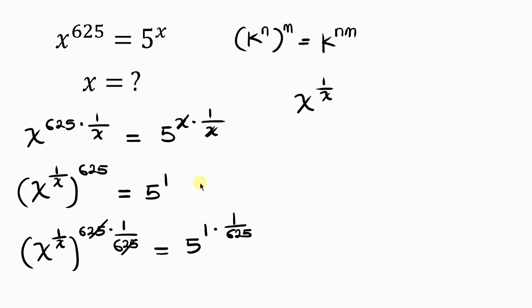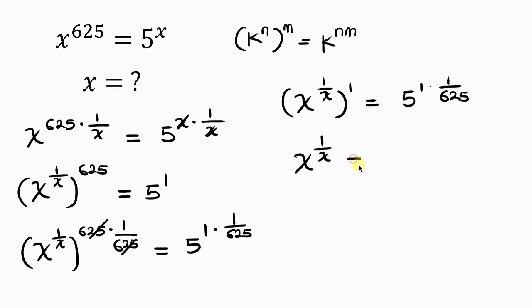Remember, we have 1 here, so we can just raise this to the 1. This is equal to, now on the right hand side, we have 5 to the 1 times 1 over 625. Now we know that anything raised to the 1 is the same. So the expression on the left is still x to the 1 all over x.